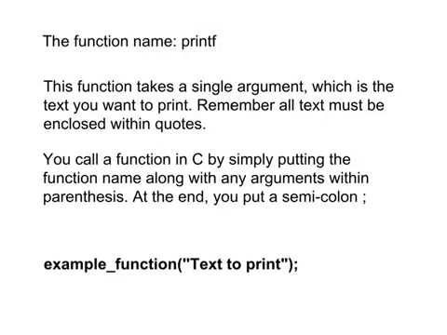That's the name of the function. You call a function in C by simply putting the function name along with any arguments within parentheses. Remember that text must be enclosed within double quotes.